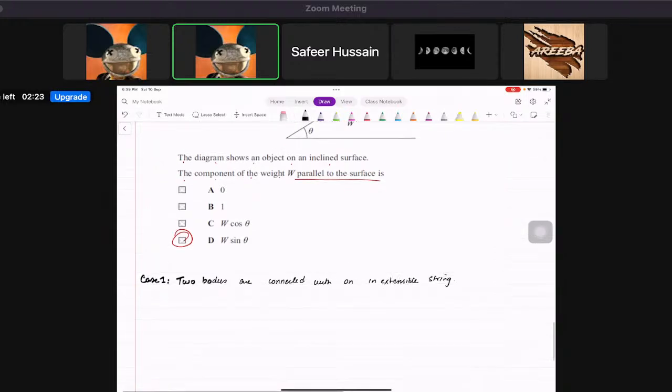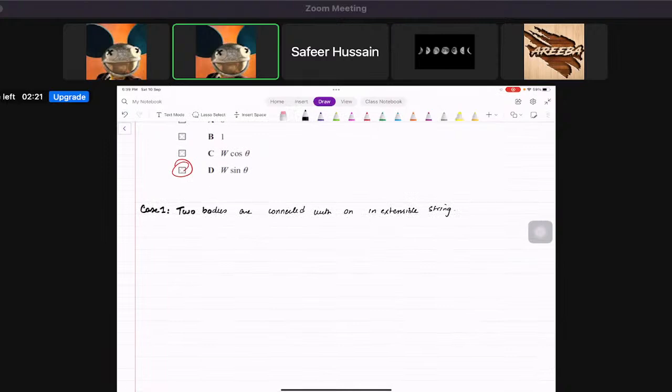So suppose you have an object like this, two carts. This one is 4 kilograms, and this one is 2 kilograms.